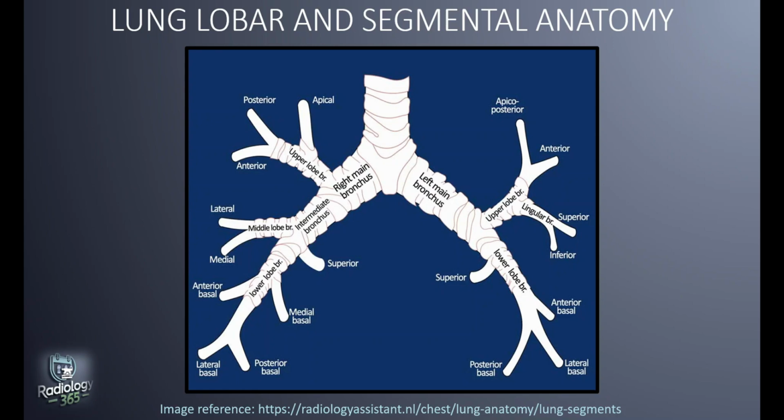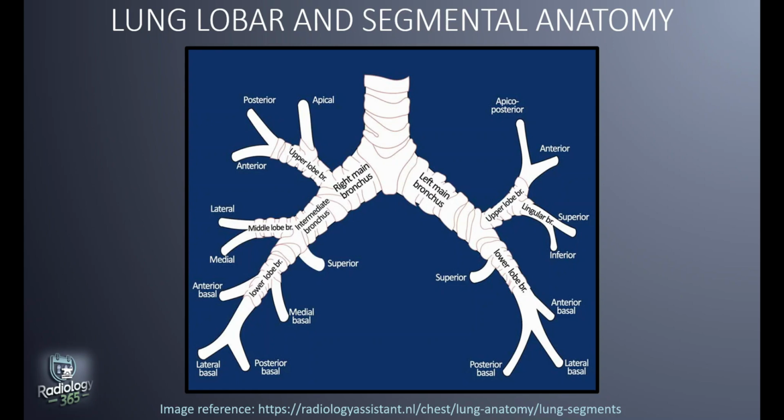We already know that the right lung is divided into 3 lobes, and the left lung is divided into 2 lobes. Each lobe is divided into segments. The right upper lobe is divided into 3 bronchopulmonary segments. The middle lobe is divided into 2 bronchopulmonary segments, and the lower lobe is divided into 5 bronchopulmonary segments.